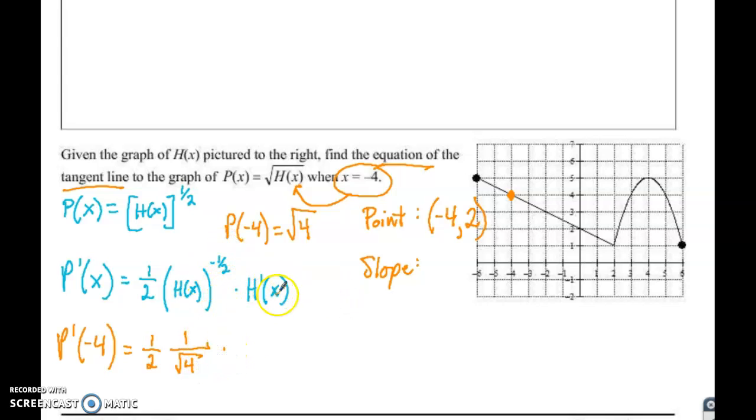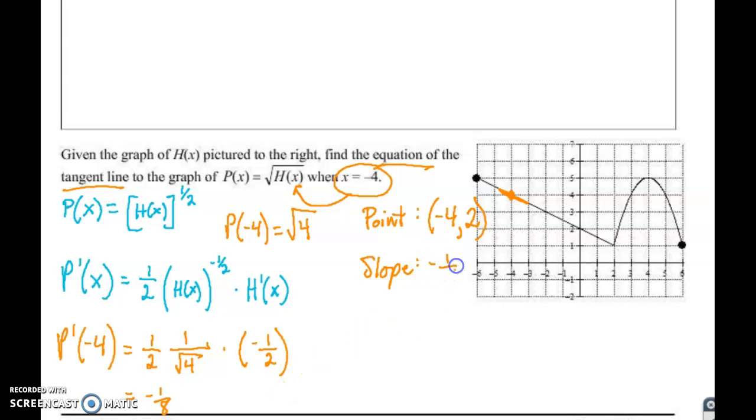And now h prime of -4 is just saying, well, what's the slope of the h function? Well, the slope looks like it's going down 1, right 2. So that slope looks like it's -1/2. So as I'm looking at that, it's 1/2 times 1/2 times -1/2. That looks like -1/8 to me. 1 times 1 times 1, 2 times 2 times 2.